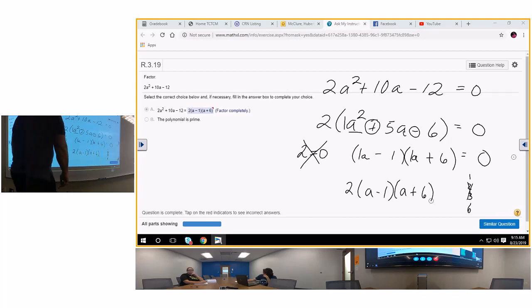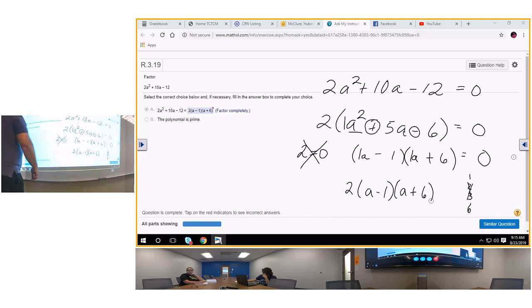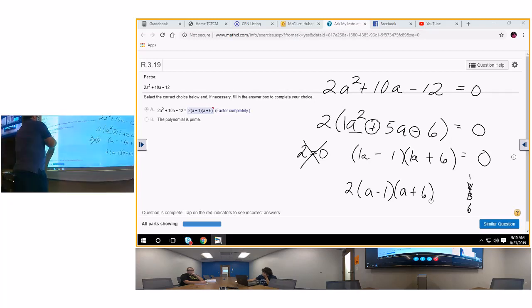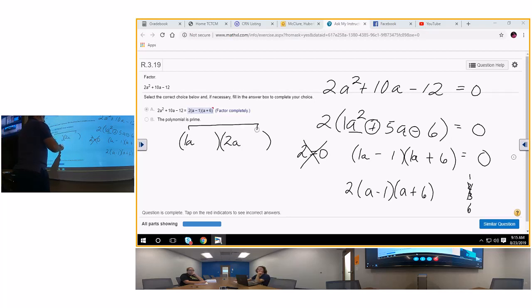Now that's if you factor out a common term. If you were to do the reverse FOIL, you would have to do the trial and error method, if it's doable, which it should be. 1a and 2a, and then you would have to remember the outside and inside gives you the middle term of 10.